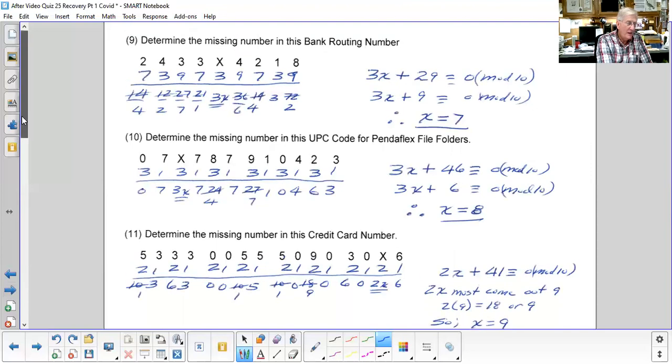All right. There are the answers to 9 and 10. You should have gotten that the digit X in the bank routing number should have been a 7. And in problem 10, you should have gotten the fact that the third digit in the UPC code is an 8.